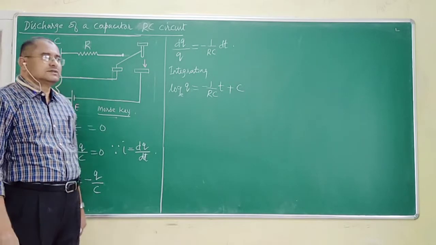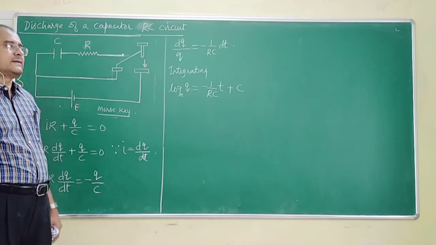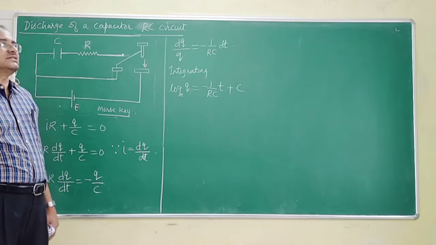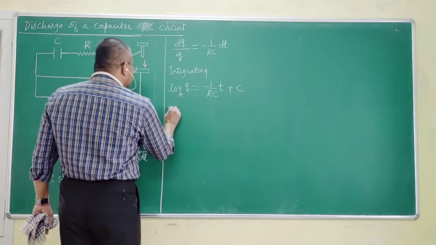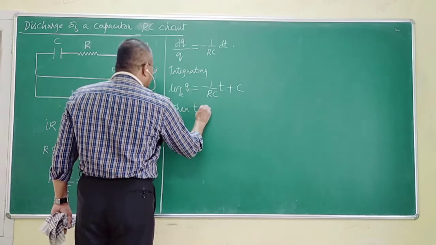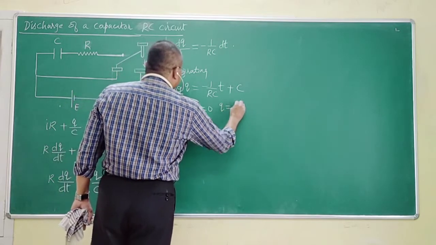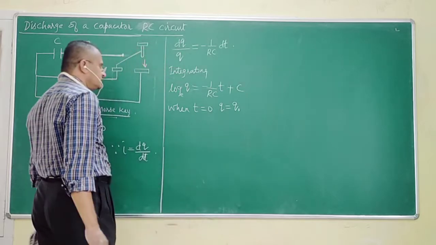As before, I have to introduce a boundary condition to determine the value of the constant. The boundary condition is when T is 0, the charge was maximum.